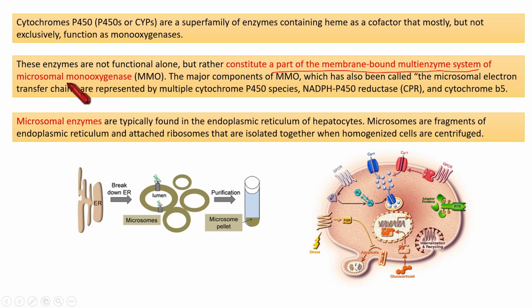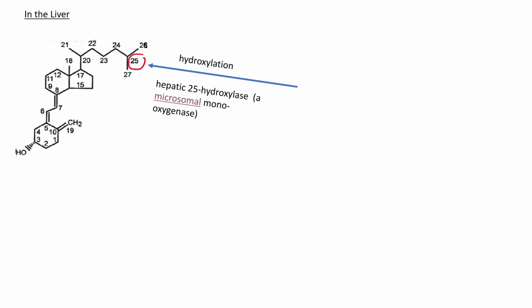Then look at this term monooxygenase. Monooxygenases are a certain category of enzyme that add an OH group to some substrate. That is its role. Okay, we can come back to our former slide.